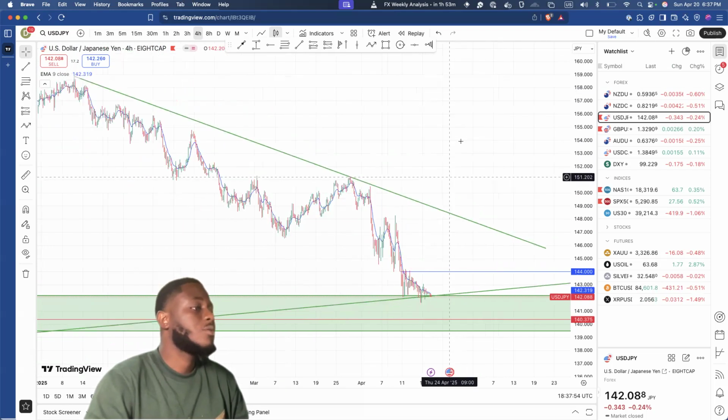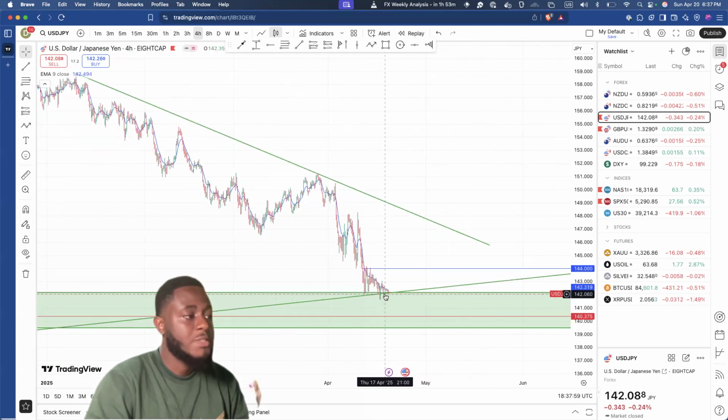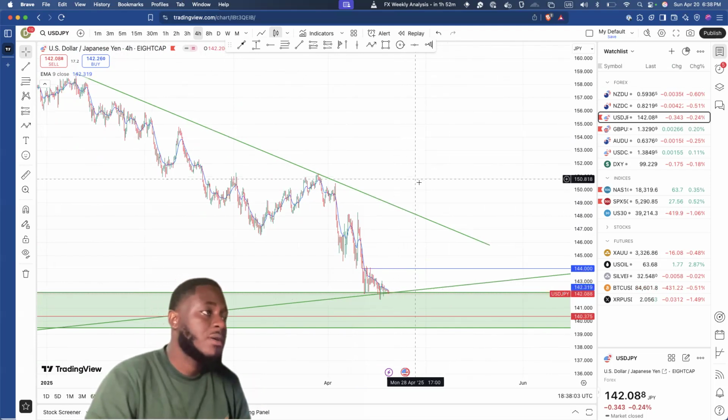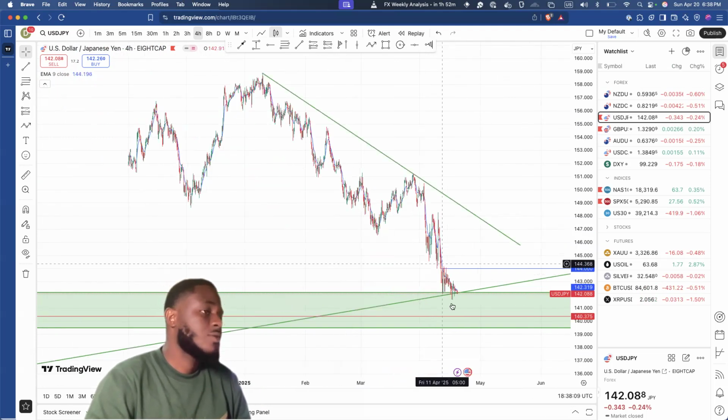So all I'm expecting is that GBP USD has made a lower low, touched this major trend line, and I'm expecting it to bounce back to touch this minor trend line before we drop further, right?